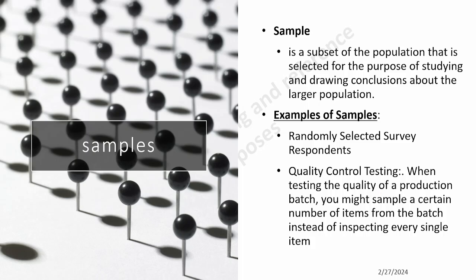When the products are in production, we look at a particular batch of samples, and examining that sample helps us infer about the total population or total production, maybe in terms of defects or some quality metric.